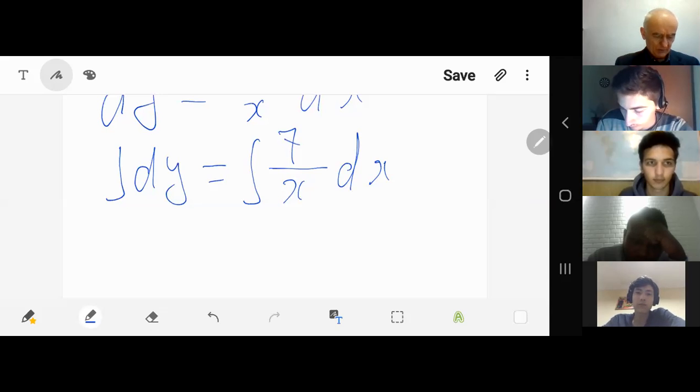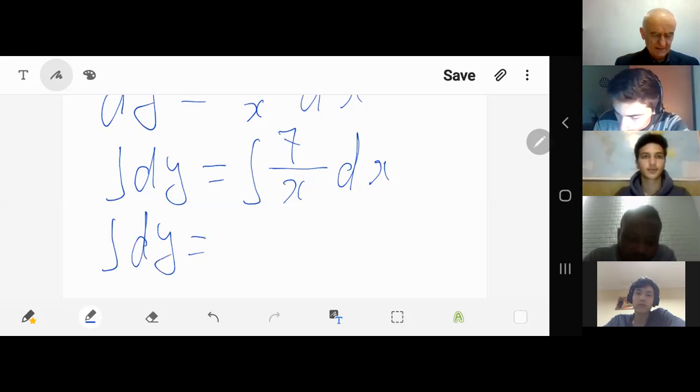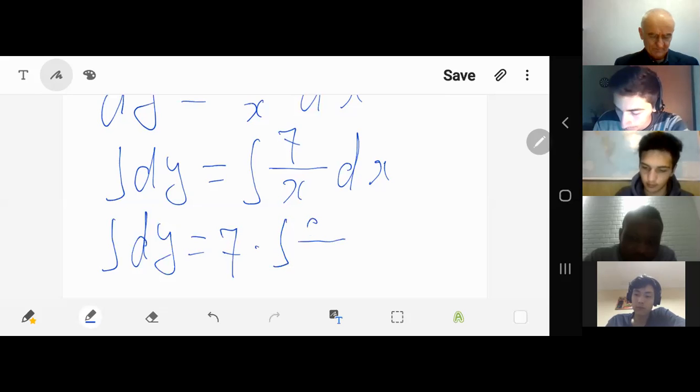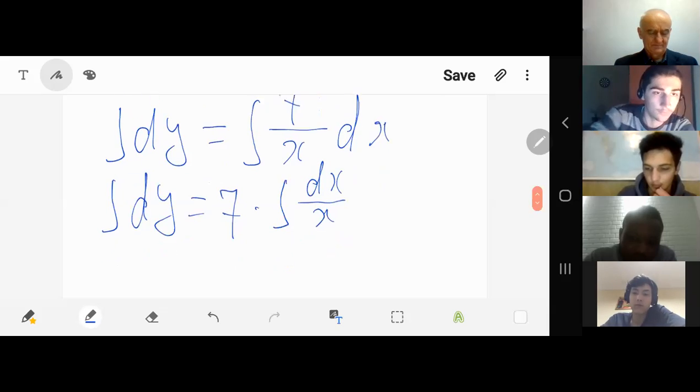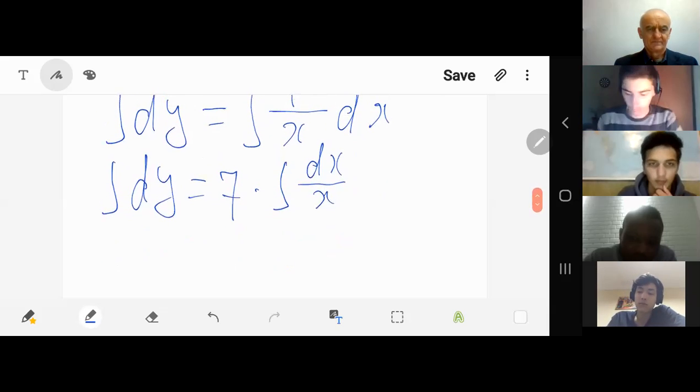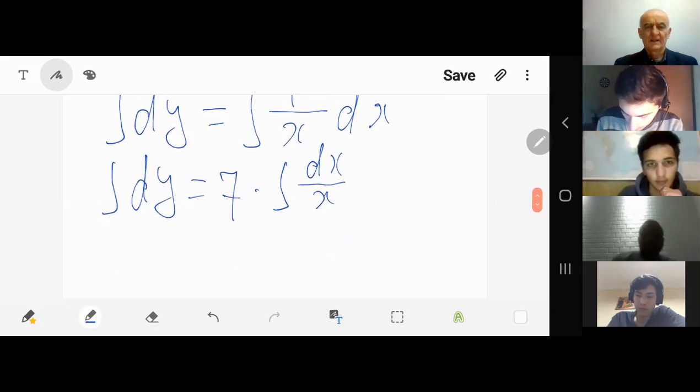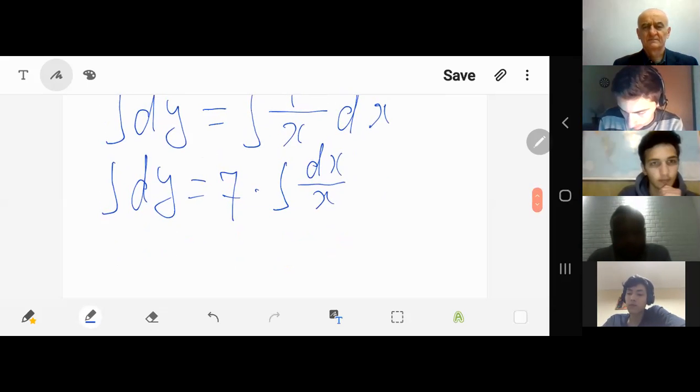So integral dy equals 7 multiplied by integral dx over x. Any questions so far? No.